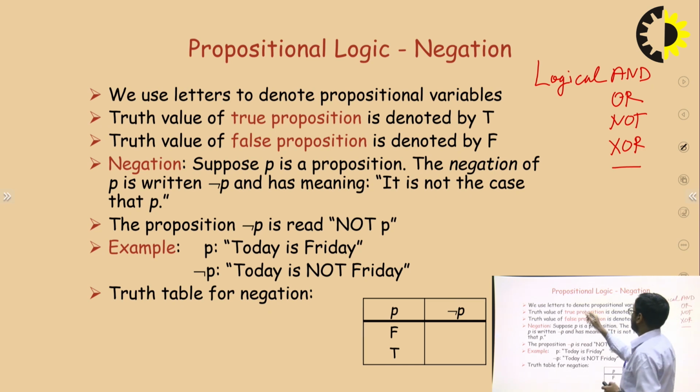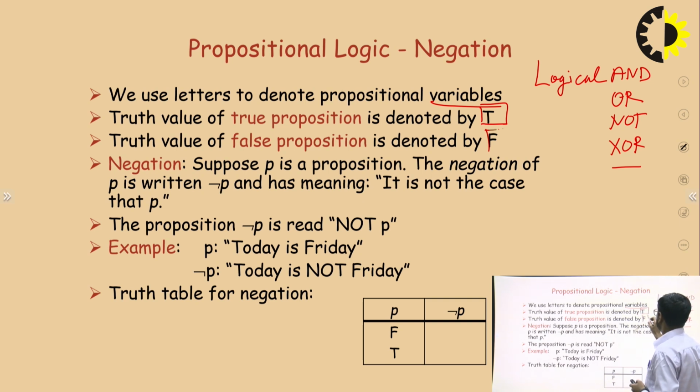We use letters to denote propositional variables. The truth value of a true proposition is denoted by T and a false statement is written with the alphabet F. What is negation?